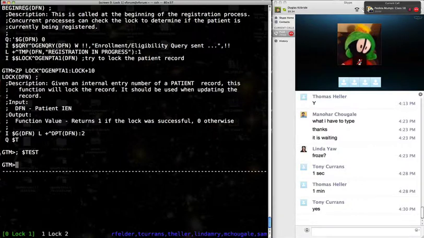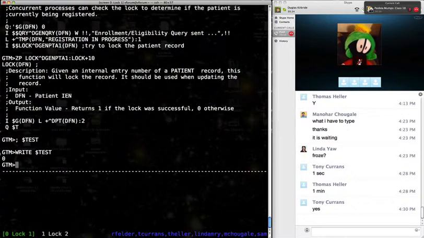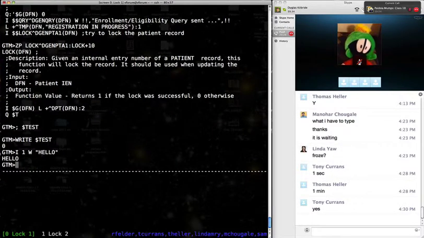Several commands set $test, and the most common one that we use is if. So I'm gonna write $test, which should be 0. So if 1, write hello, write $test.